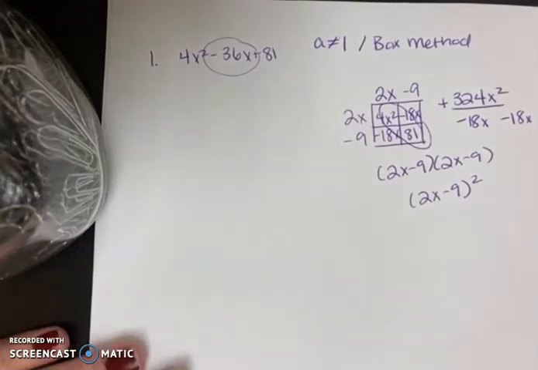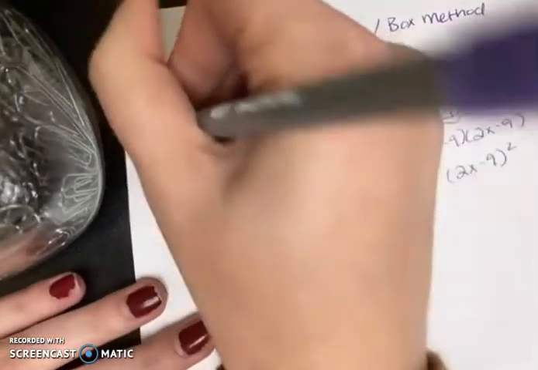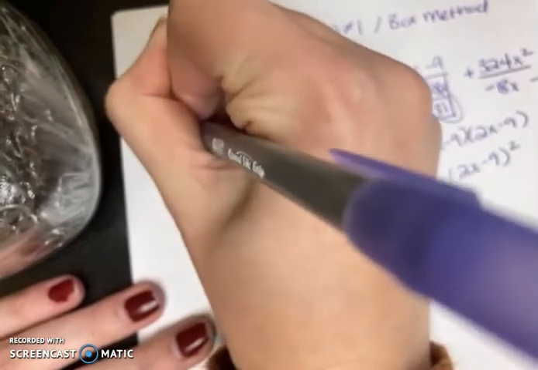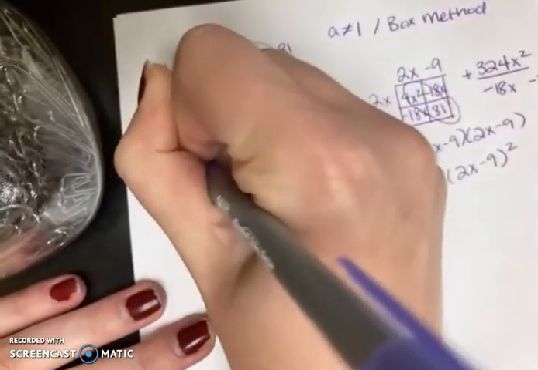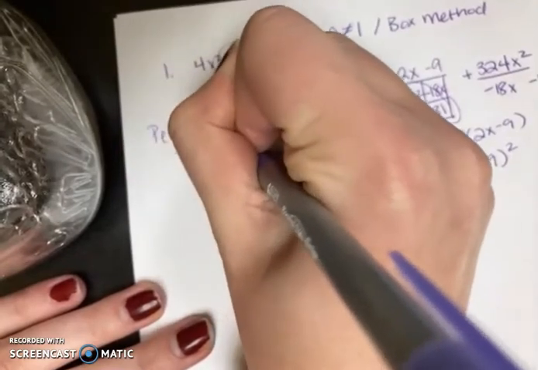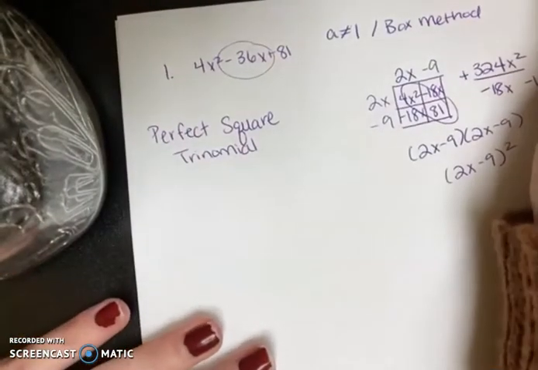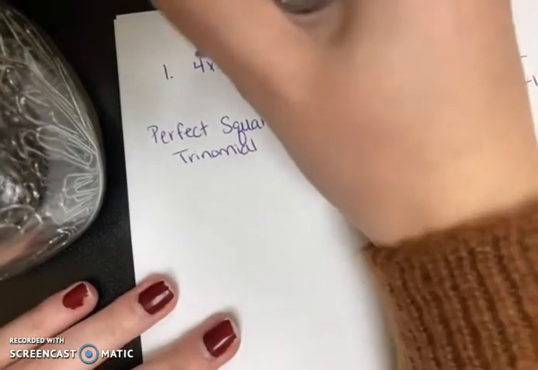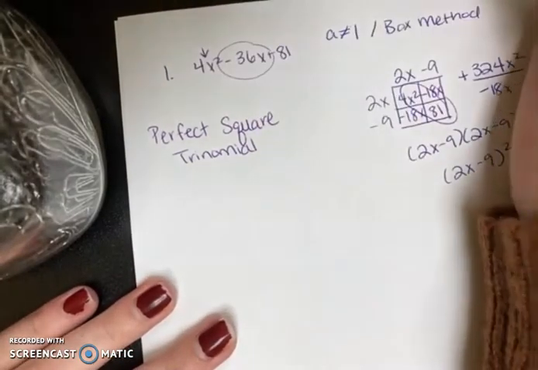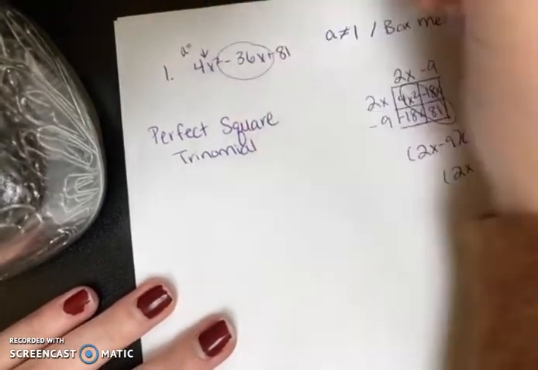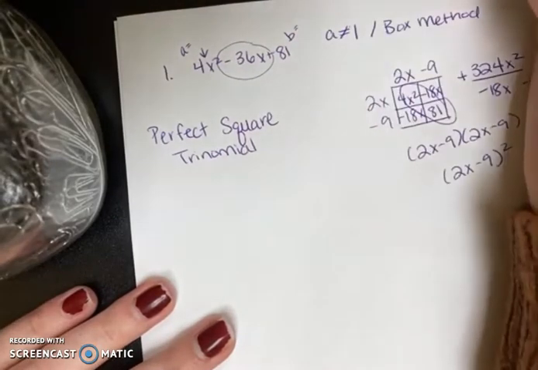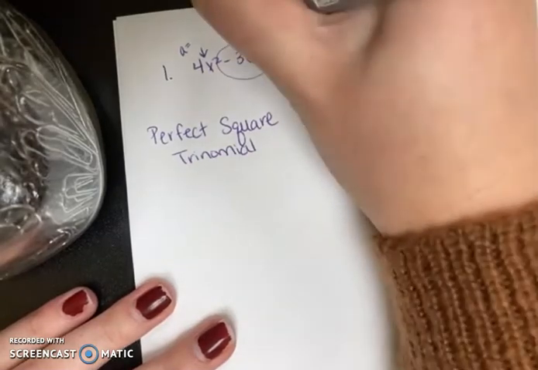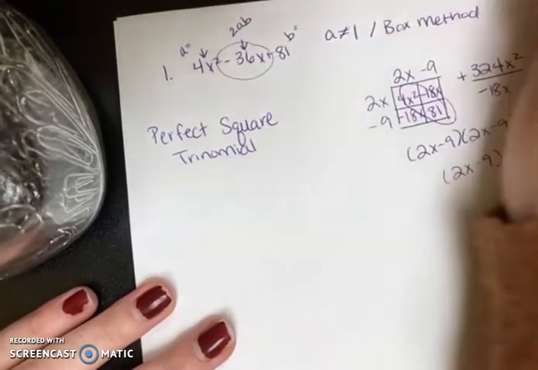Another way you could have approached this is recognizing that this is a perfect square trinomial. Something is a perfect square trinomial if the first term is something squared, the last term is something squared, and then the middle term is 2 times a times b.